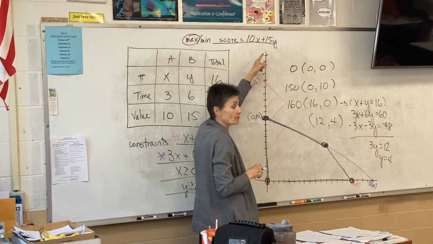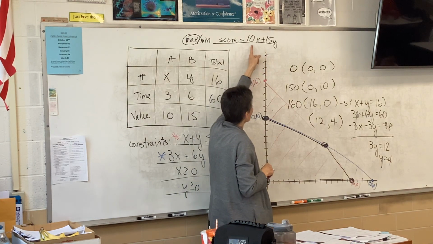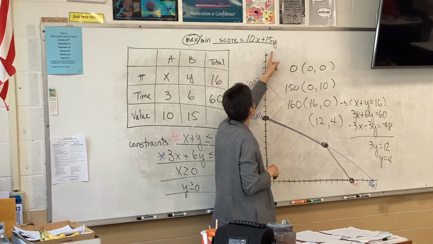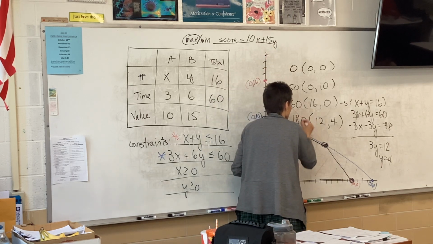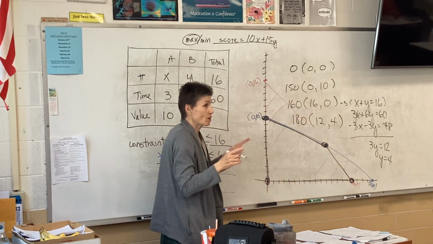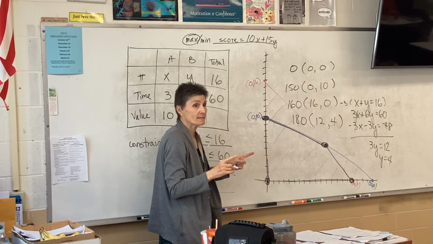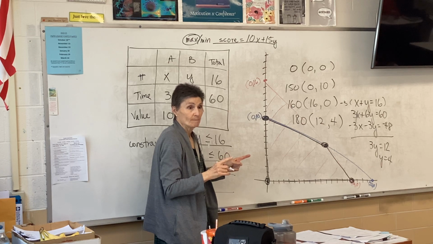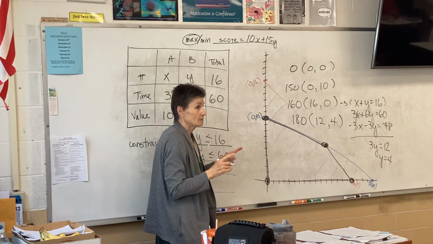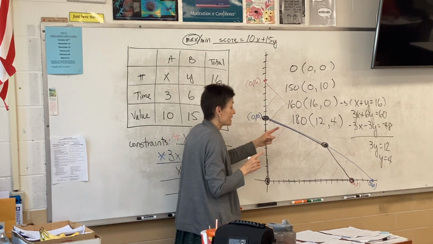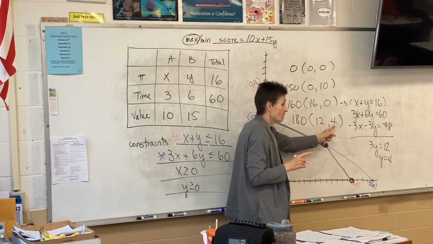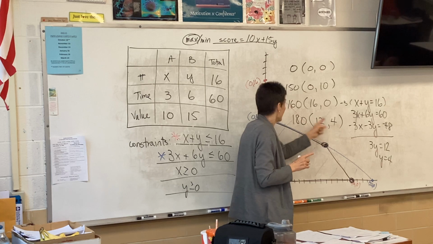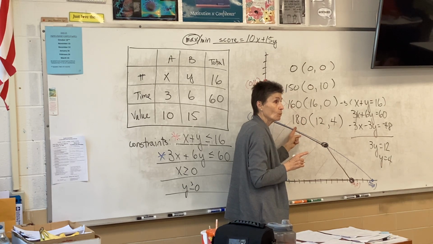You can use your calculator to help you with your arithmetic. 12 X's and 4 Y's would give me what score? 180. Now, what was our objective? Score as many points as we could. So what are we going to do? We're going to answer 12 A questions, 4 B questions, and get a score of 180.